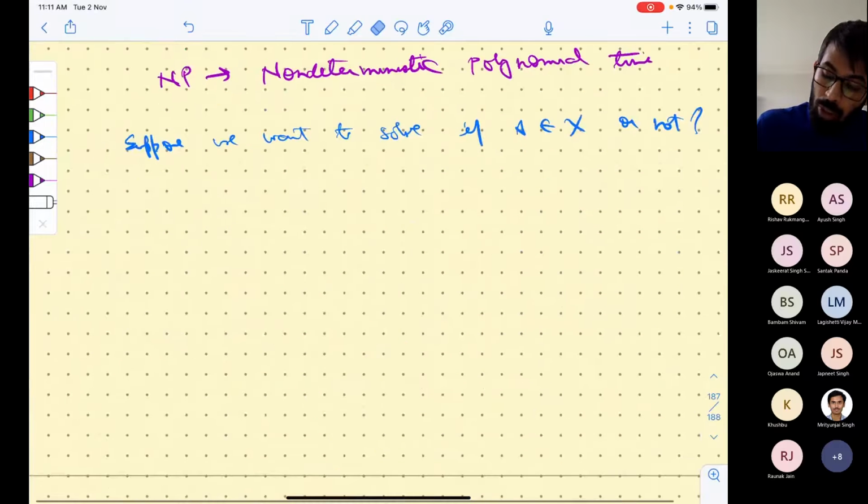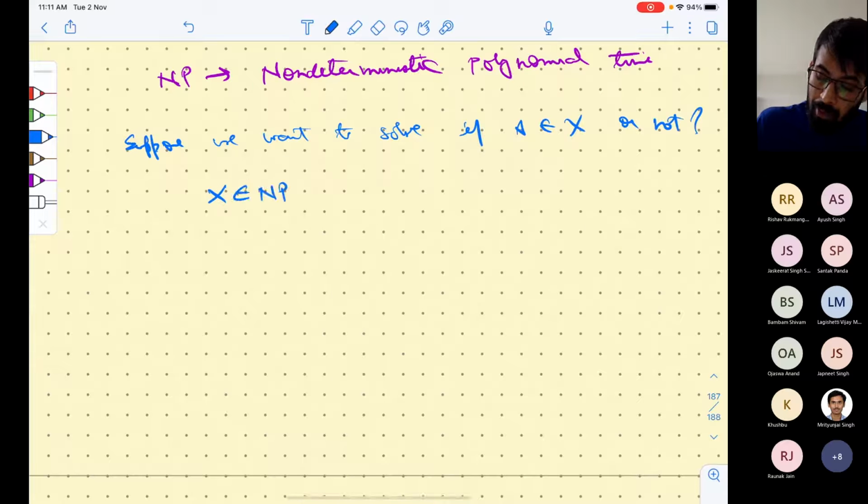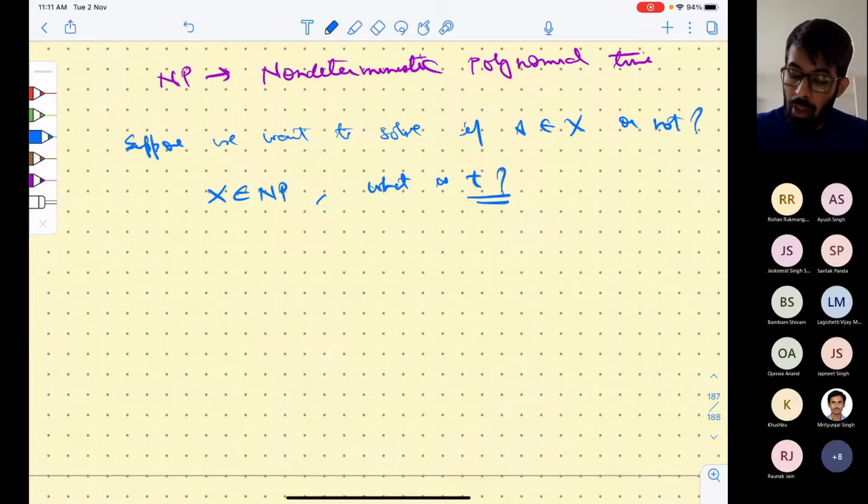We know that X is in NP, but we don't know what T is. So what is one way of solving it? Of course, it's not going to be easy to solve it in polynomial time, but how can we solve it if X belongs to NP? Any way of solving this?